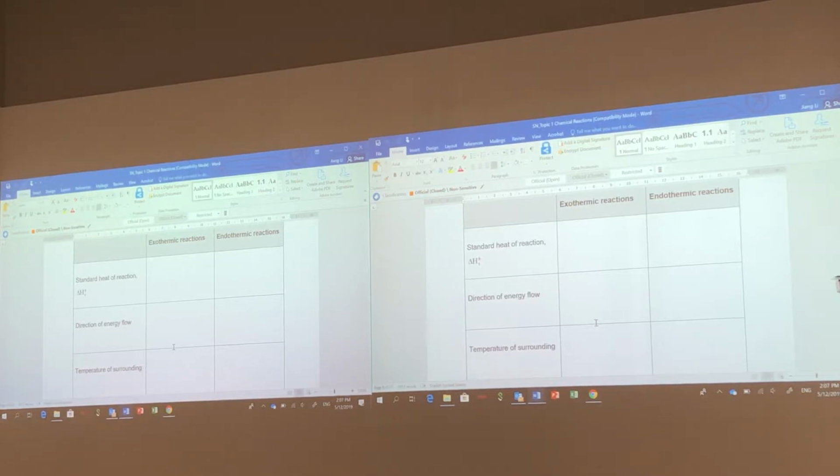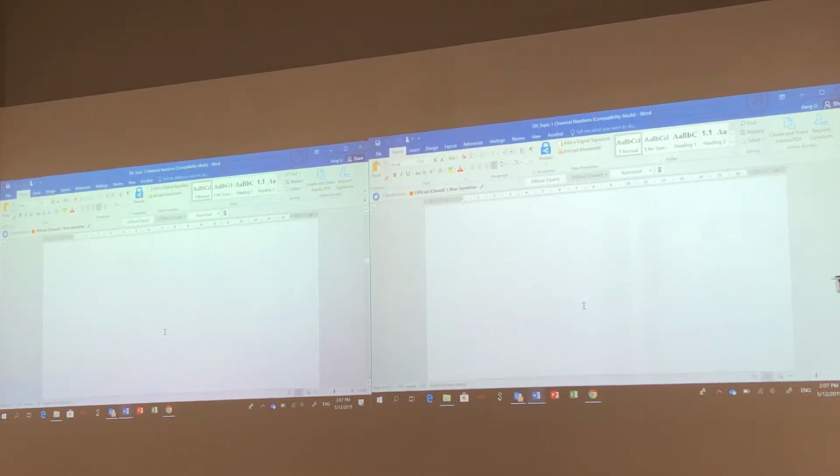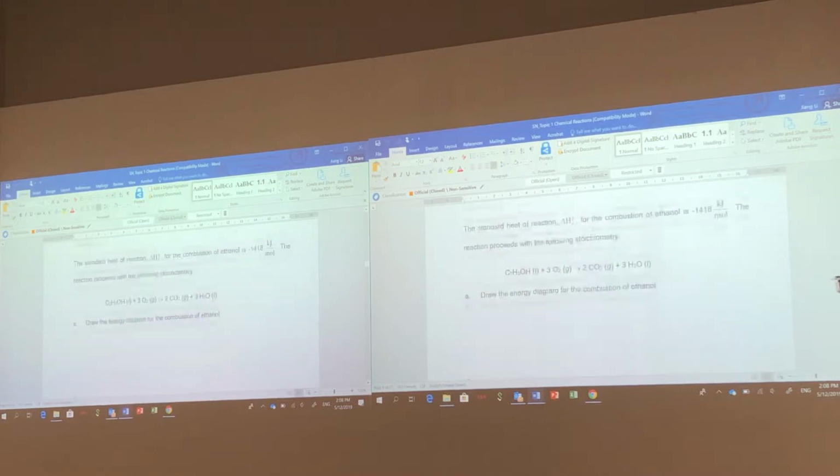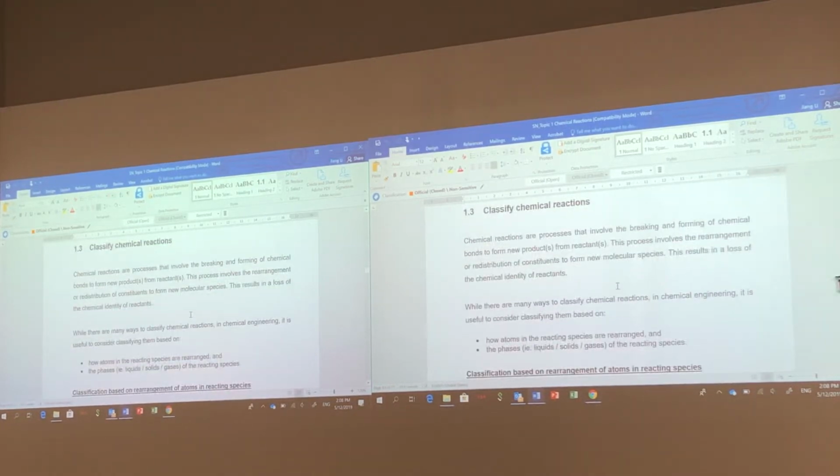Then your solution inside the beaker is actually the surrounding already. The surrounding will receive heat, so you observe a temperature rise. Okay? So for exothermic reaction, you observe a temperature rise. Correct?